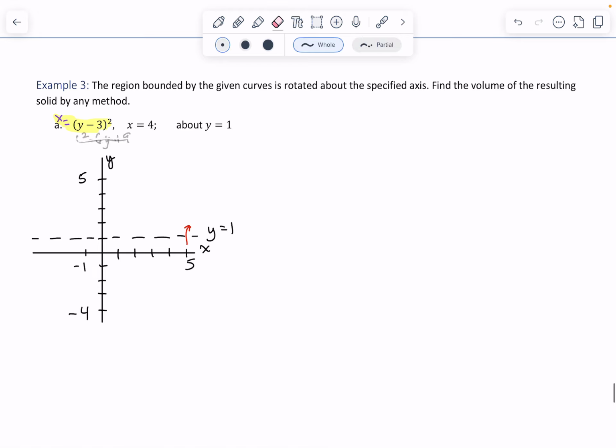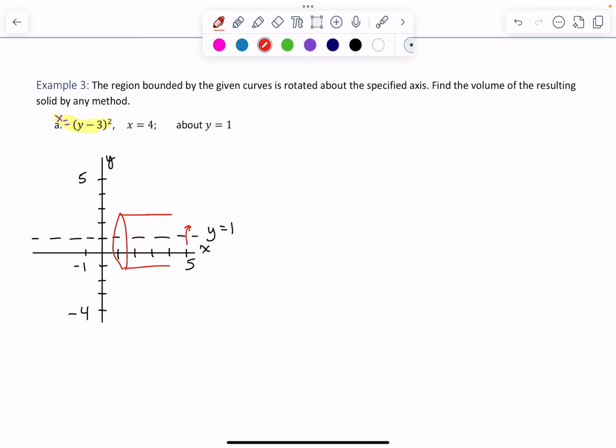I prefer to have an A of y. That means I want to cut through the y-axis. If I think about shells, imagine the cookie cutter going through an axis, it's going to go through the y-axis. So I want to use cylindrical shells.